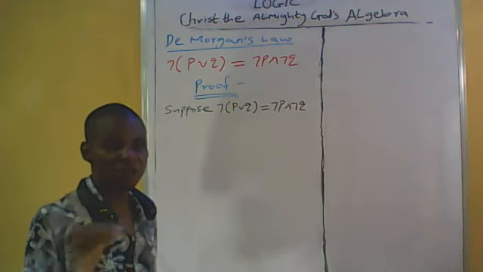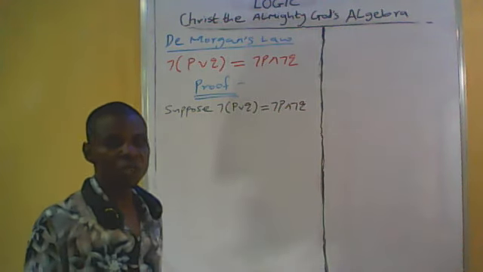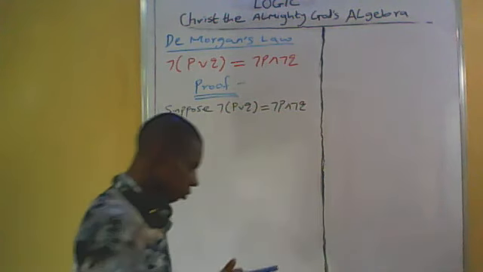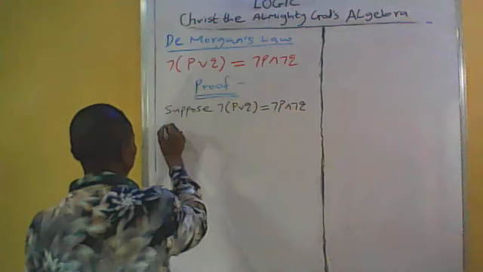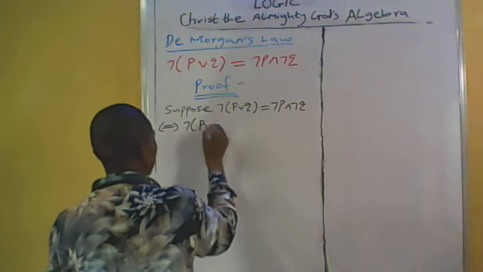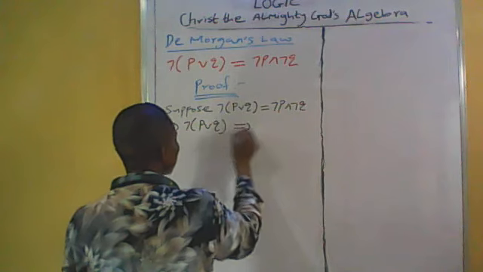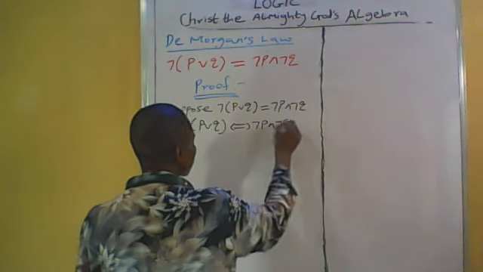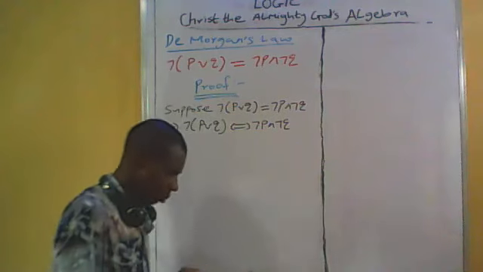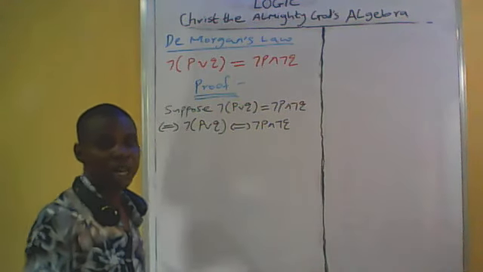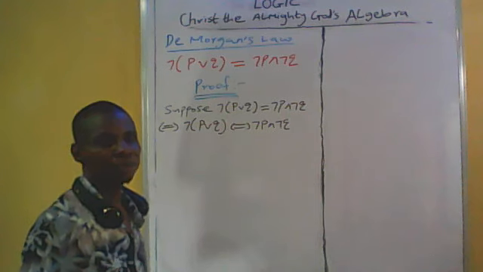So we can transform it to biconditional statement: not bracket P or Q, if and only if not P and not Q. We have now transformed it to biconditional statement.